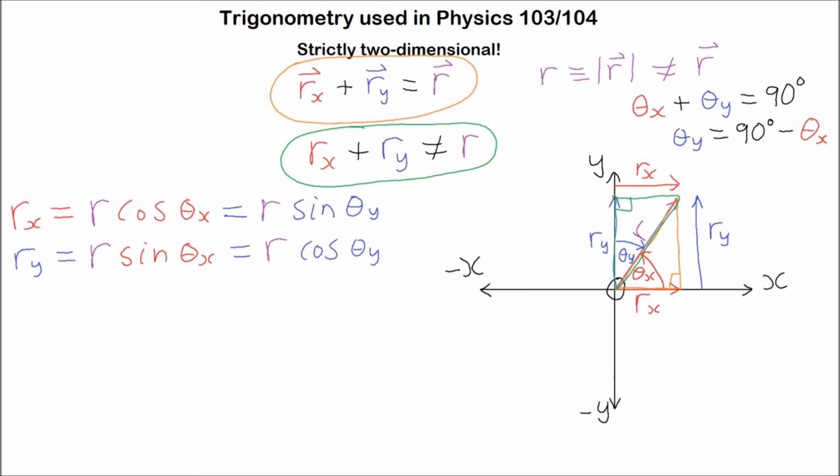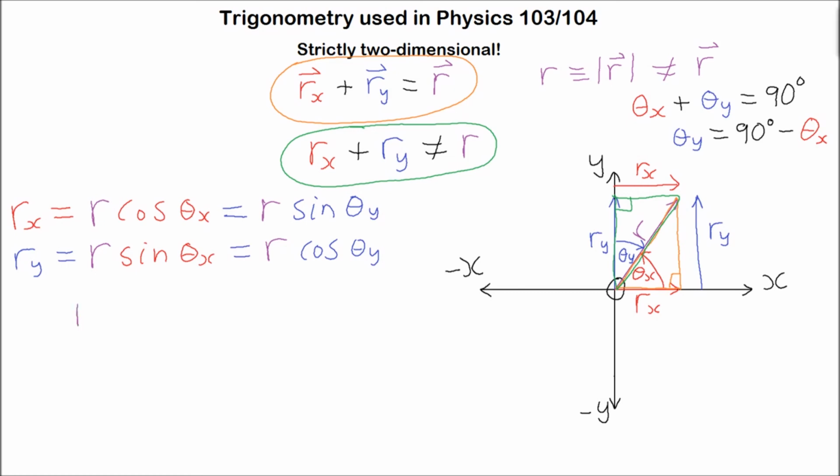So what do we do if we know the lengths of the Rx and the Ry vectors, but we don't know the length of the R vector? Well, we apply the Pythagorean theorem to either the orange triangle or the green triangle, because the purple R vector, the length of it is the hypotenuse of either of those triangles, and the square of the hypotenuse is the sum of the squares of the two sides.